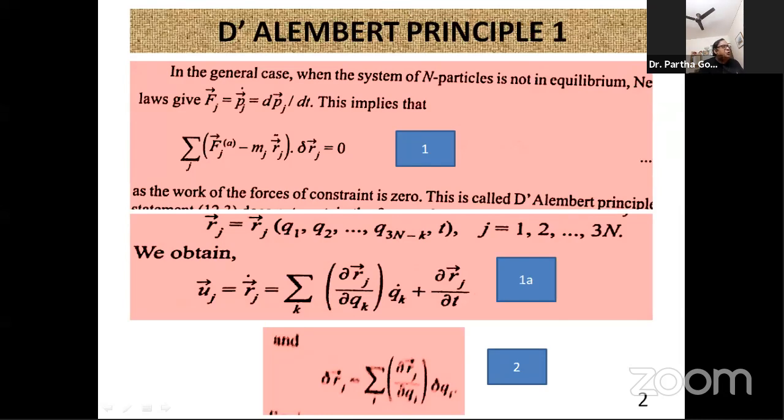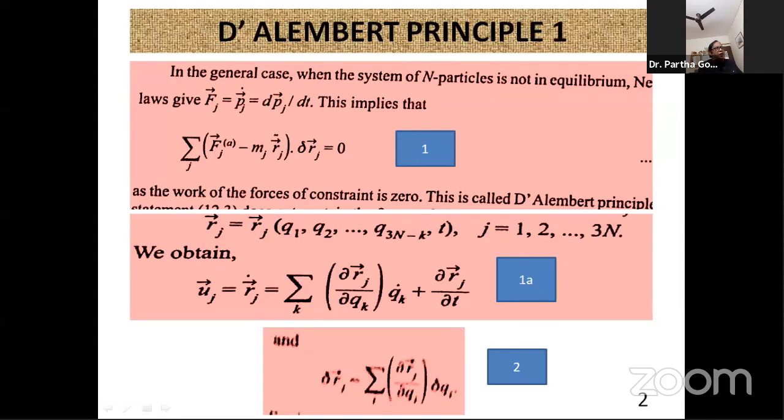Similarly, I can assume that even though there is no perceivable displacement of a particle, I imagine that there is some displacement, which I call virtual displacement. And if I define work with the aid of that virtual displacement, I call it virtual work.